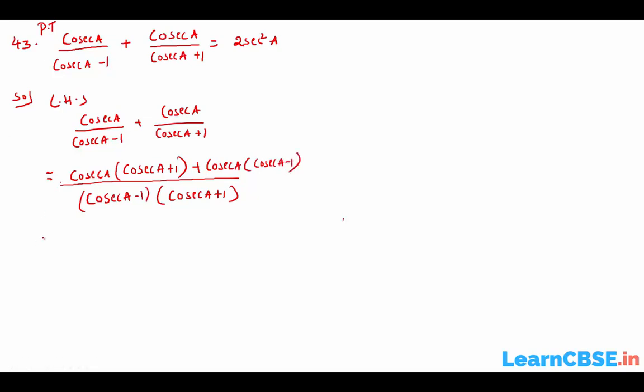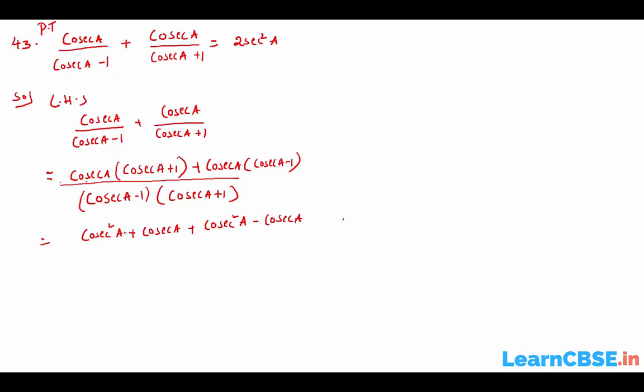Multiply cosecant A and cosecant A, you'll get cosecant square A plus cosecant A into 1, cosecant A, plus cosecant A into cosecant A, cosecant square A, minus cosecant A.